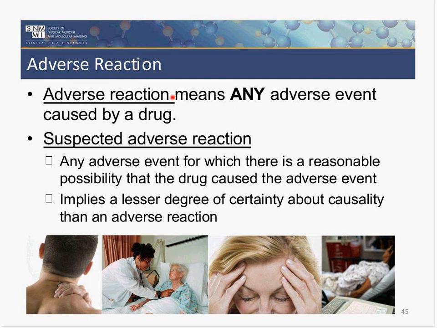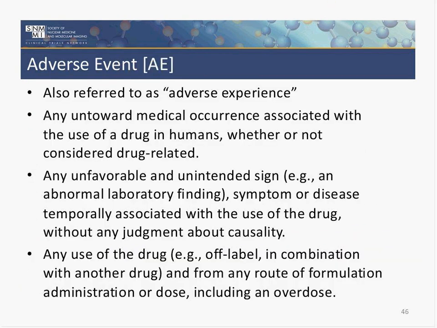So an adverse reaction is, I injected this investigational drug, I'm pretty sure that that is what caused this adverse event. Suspected adverse reaction means I injected an investigational drug, there was an adverse event, and I think there's a reasonable possibility it could be caused by the investigational drug.